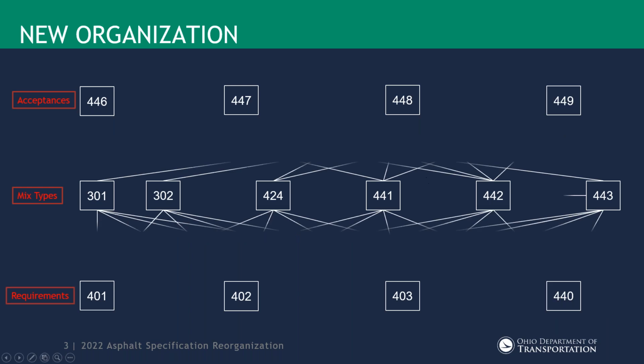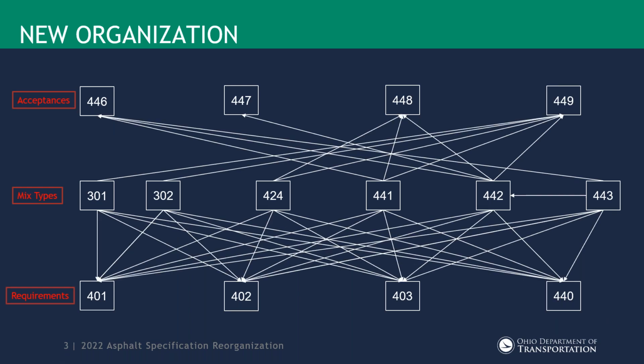So, kind of going back to Dave's slide, with the new organization, we laid it out a lot better. Now we kind of have three categories: acceptance, mix types, and requirements, where we had the mix types were kind of mix types and some requirements, and in some cases we even did acceptances in some of the mix types.